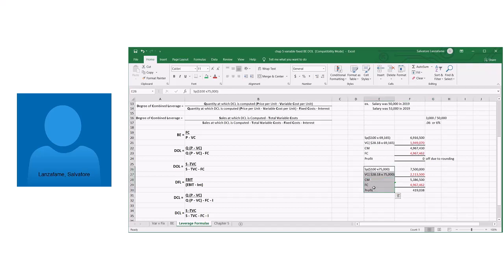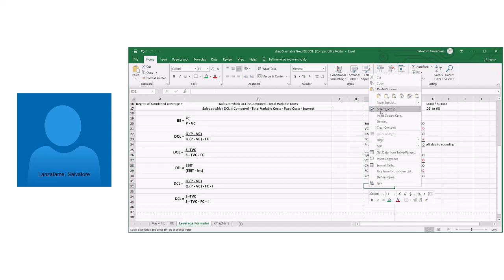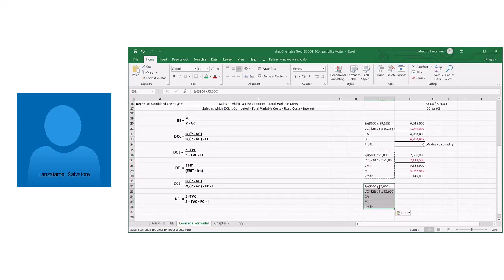So let me write this down here. We'll say a 10% increase in patient visits.